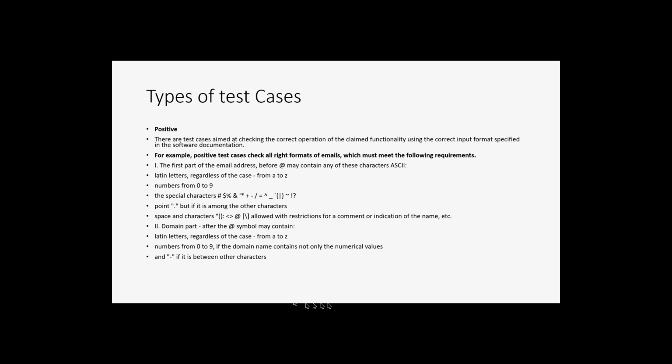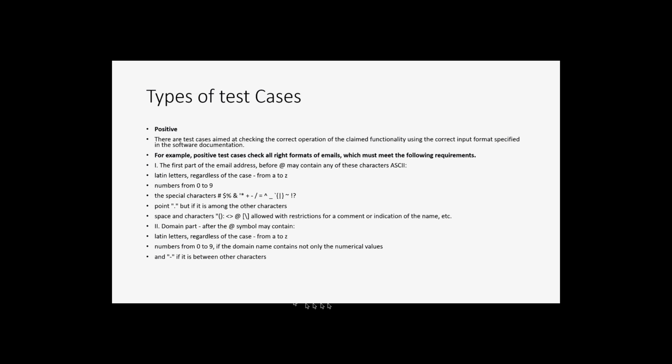And after that, for example, you take positive test cases to check the right formats of emails, which must meet the following requirements. The first thing is positive test cases to check all the formats of emails, so whether they meet the requirements or not.